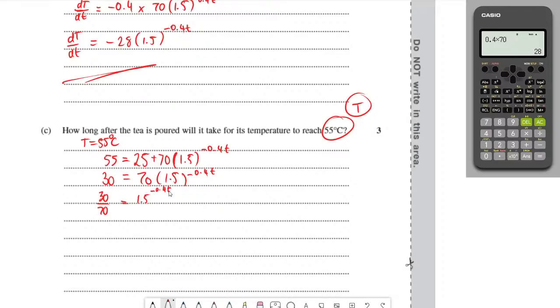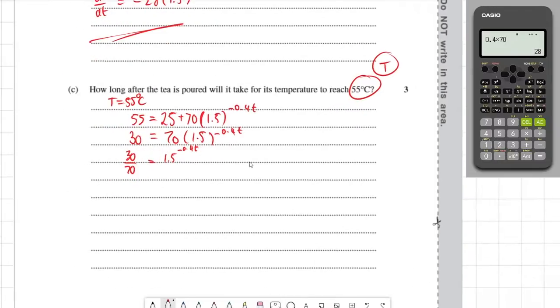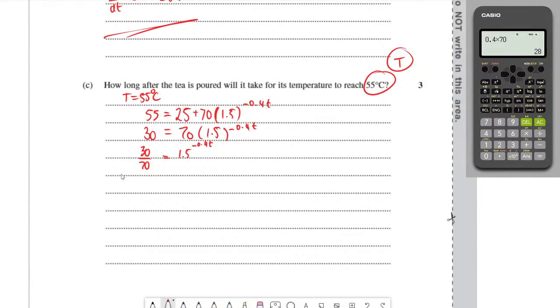I suspect we're going to take logs of base 1.5. So log base 1.5 of 30 on 70 is equal to, well, log base 1.5 of 1.5 to the negative 0.4t.